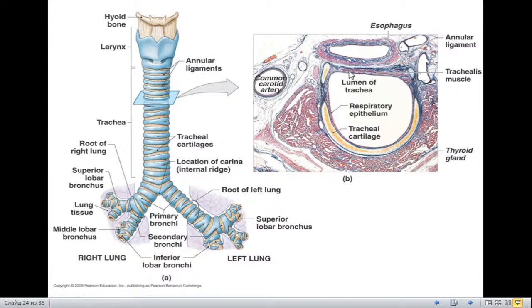Why so? Because posteriorly to the trachea passes the esophagus, and when the esophagus transmits a bolus, this structure of the trachea allows the bolus to pass by enlarging of the esophagus.